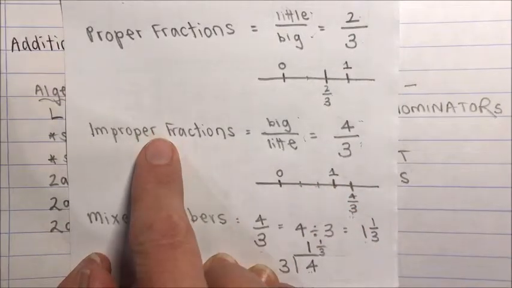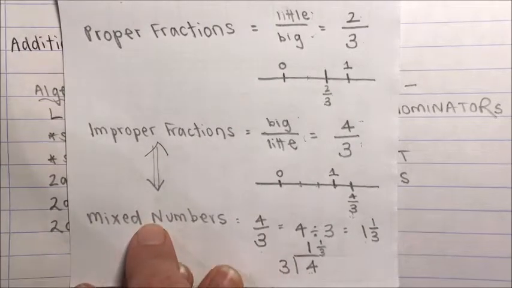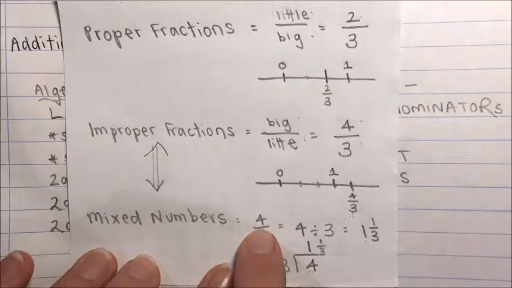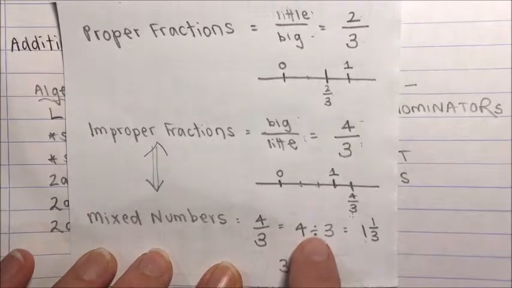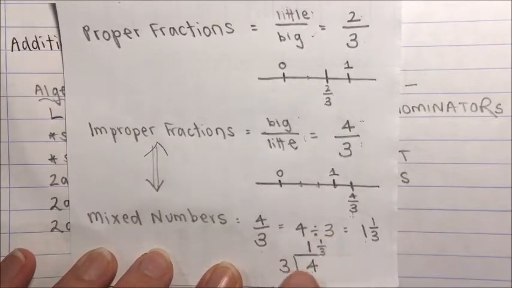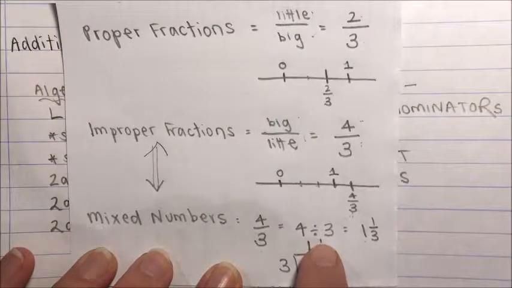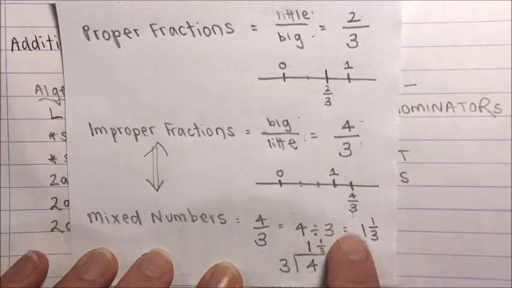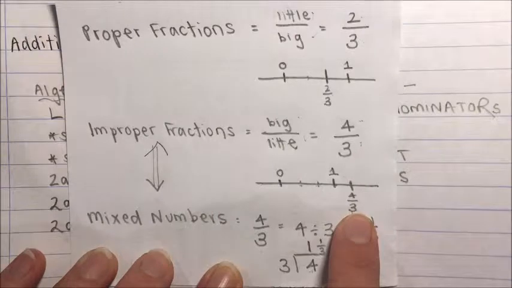And we can also express improper fractions as mixed numbers, because we know 4 over 3 is really, that line means divided by. So 4 divided by 3. So 3 into 4 goes once, remainder 1/3. So 1 and 1/3 is equivalent to 4 over 3.